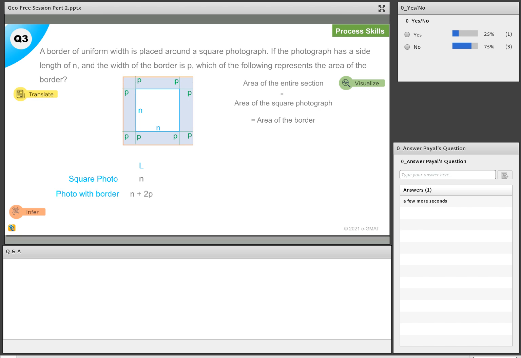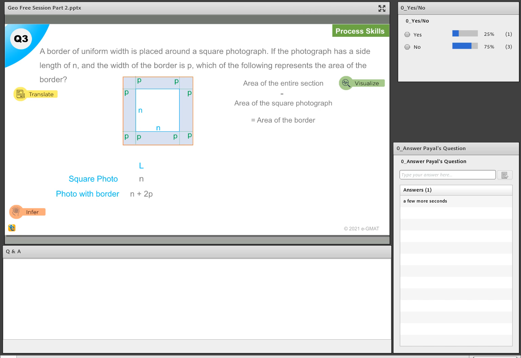Okay, now, once we have drawn that inference, what we do is we understand what the length of the square photo is and what the length of the photo with the border is. Again, you document all that information in the table. You continue to visualize, organize your information the right way.